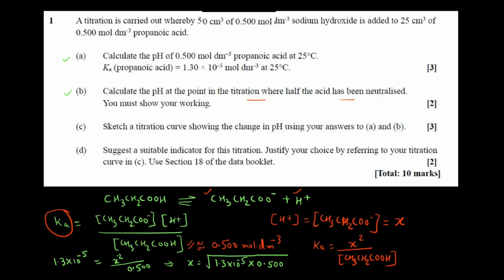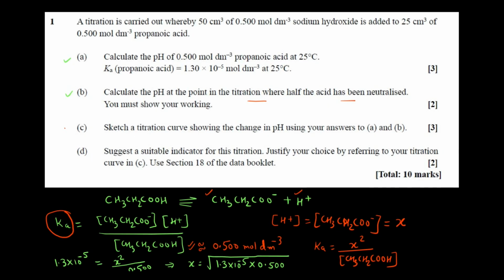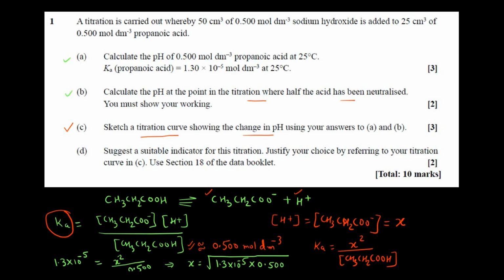Now what they are asking in the next part is to sketch a titration curve showing the change in pH using your answers in A and B. So what is our answer in A? The pH is 2.6.